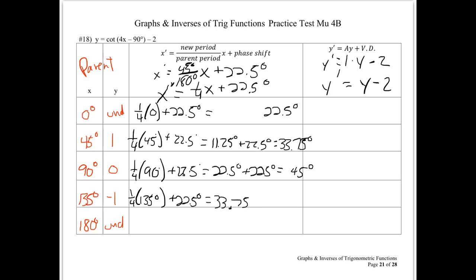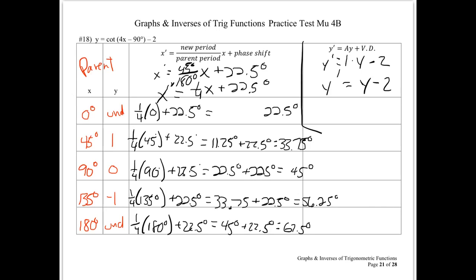I had to use the calculator for that. Plus 22.5, that's 56.25. I'm really stretching my table out here a bit. Then we got 1/4 of 180 plus 22.5. 1/4 of 180 is half of 180 twice. That's 45 plus 22.5, 67.5 degrees. So there I have my angles.